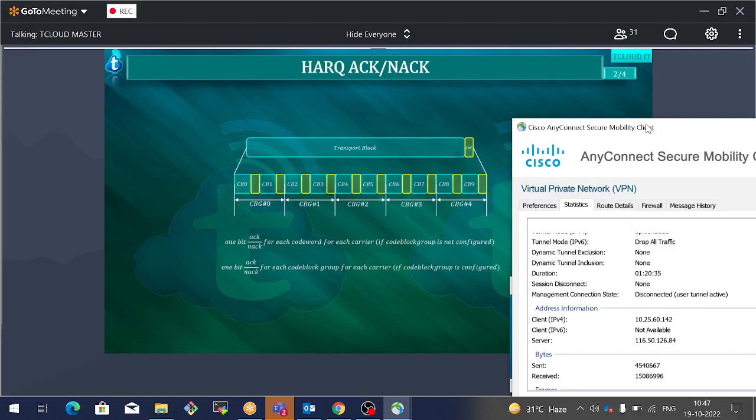First, we are going to have a look at this HARQ ACK/NACK. Now you can report HARQ ACK/NACK with 1 bit per codeword in each carrier. We are ignoring multi-carrier cases right now and taking a single carrier. But what is the meaning of codeword? A codeword is generated after processing your transport block. We are sending HARQ ACK/NACK for downlink: downlink data is arriving and you are sending ACK/NACK in uplink.